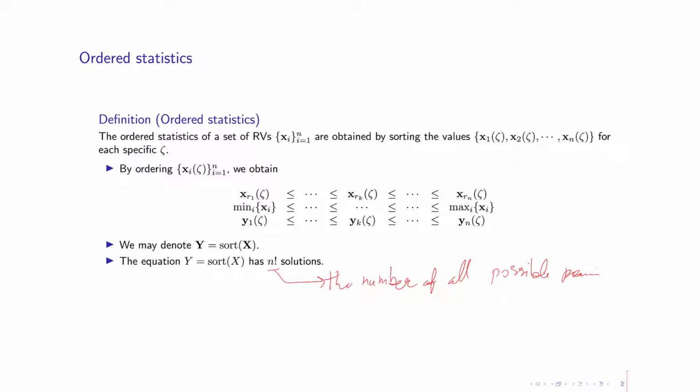Basically, sorting is a permutation which puts the numbers in order, and because we don't know which one was the largest or smallest and so on, all permutations are solutions. Because if we apply an arbitrary permutation to y, and then apply sorting to it, I will get y back. So any permutation of y is one solution.